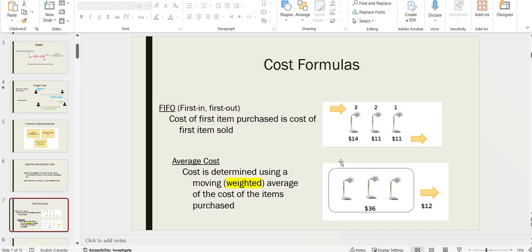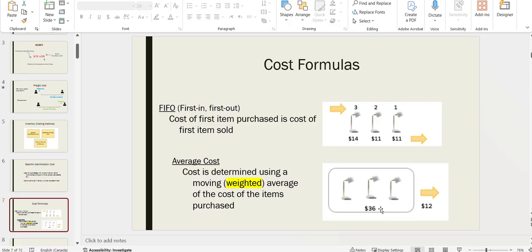But for weighted average cost, you need to take a weighted average of the cost of items and calculate the cost of the item you want to sell. For example, if the sum of the cost of items bought is $36, you need to take a weighted average.